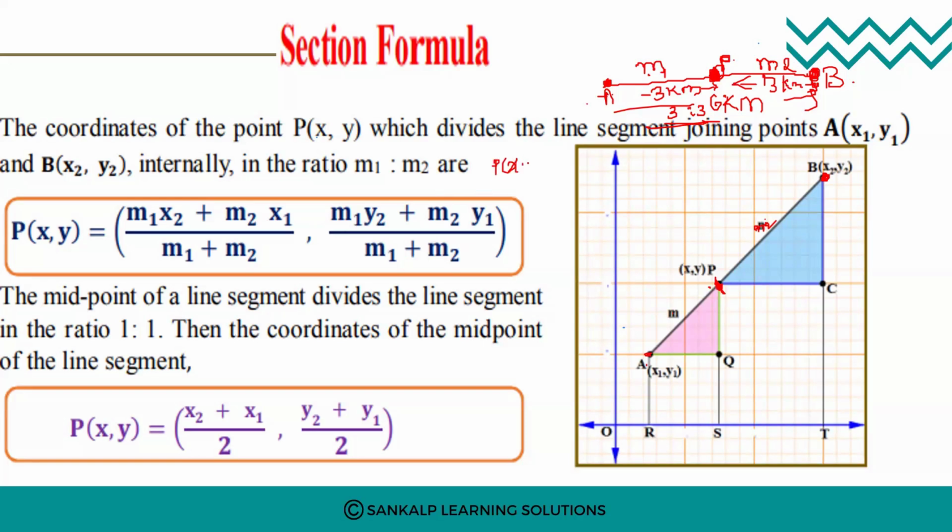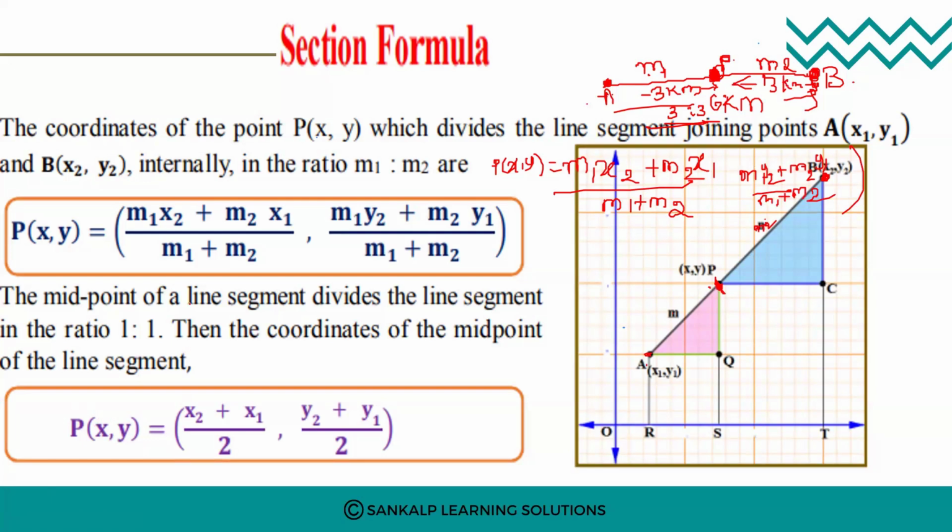How can we write this? Write P(x, y) is equal to, divided by m1 plus m2, like that. Here write x2 plus x1 like that, and y2 plus y1 divided by m1 plus m2. This is the formula to find the section ratio. That means this formula we call the section formula, right?